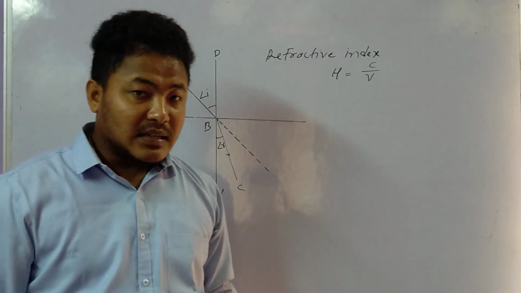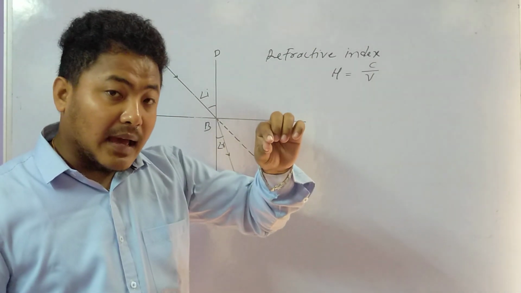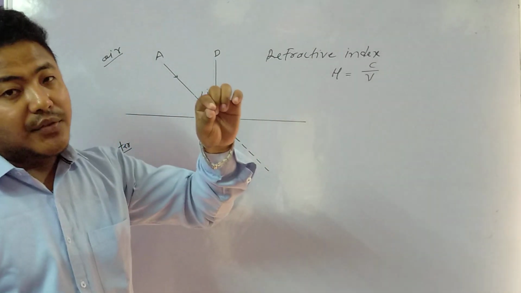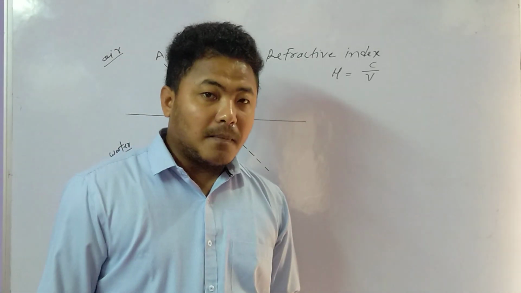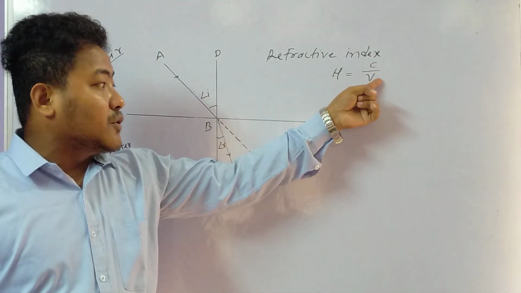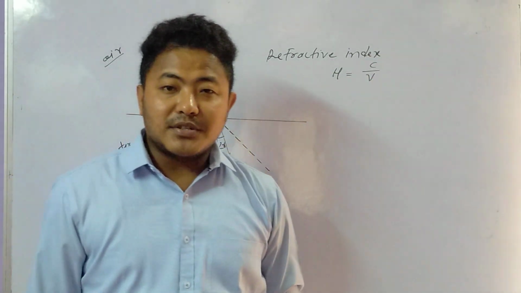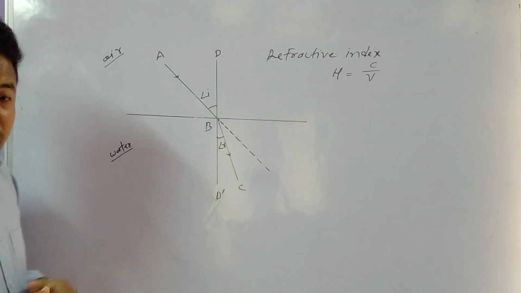The ratio of the speed of light in vacuum and the speed of light in that particular medium will be known as refractive index, that is expressed as mu. Now why am I telling these things?